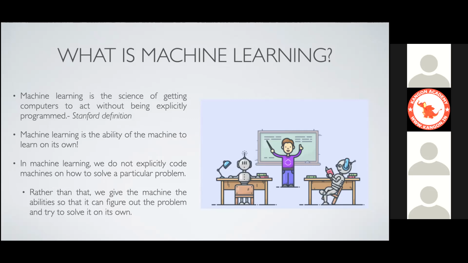At the end of the day, we will evaluate, we will examine whether the machine is learning properly or not. If it is learning properly, then it's very good. If it is not learning properly, then we will instruct the machine to come to the correct path.